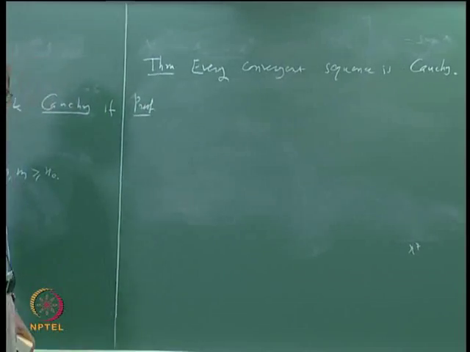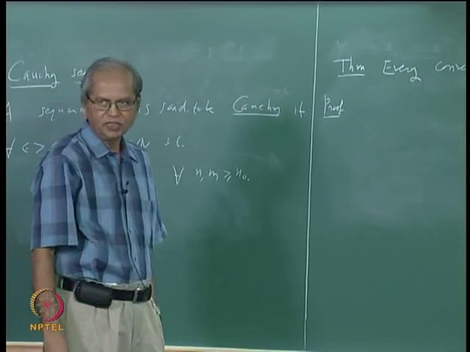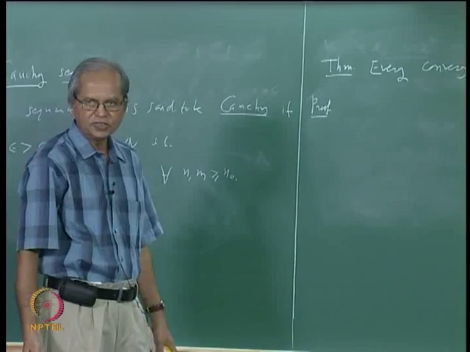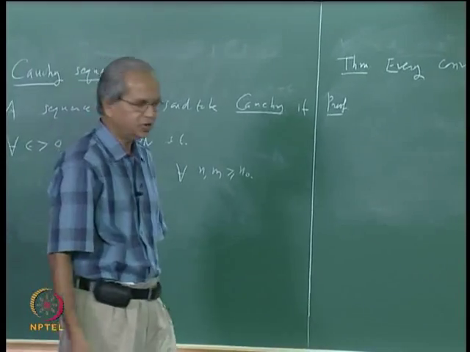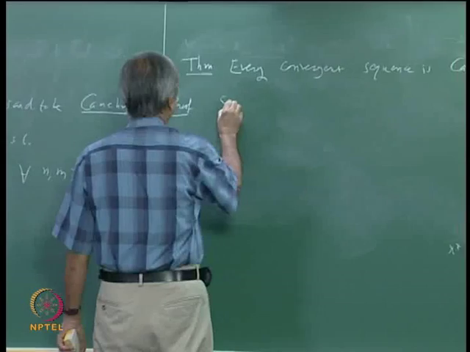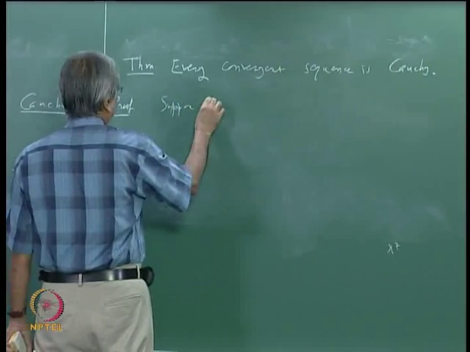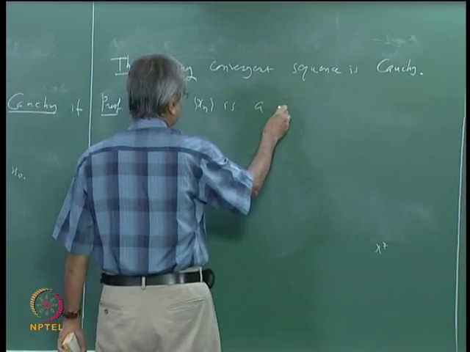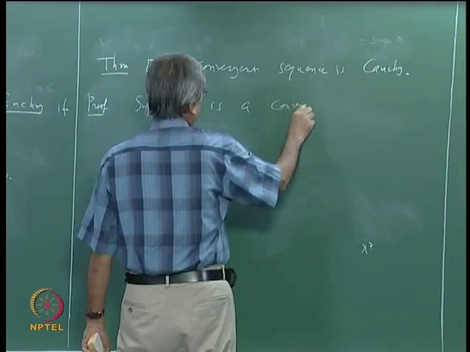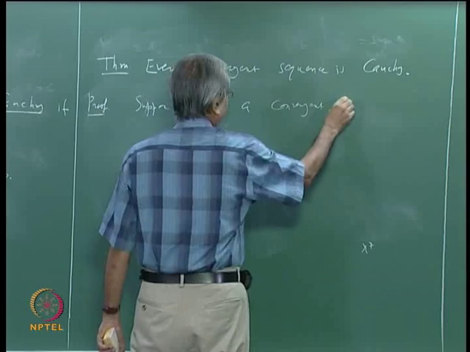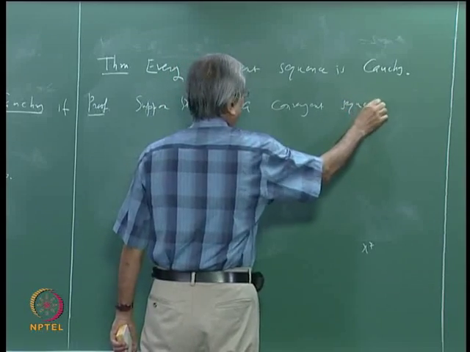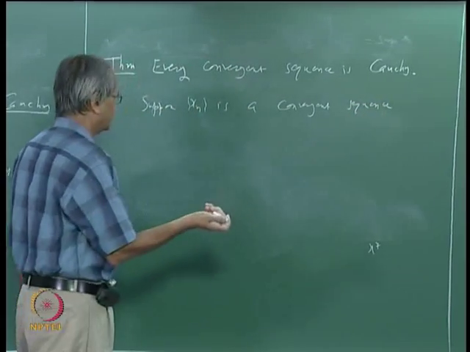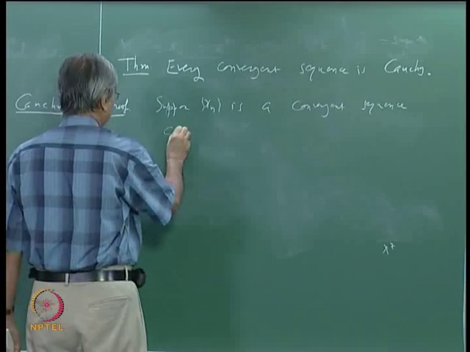Okay. So suppose we take a convergent sequence xn and we should show that it is Cauchy. Suppose xn is a convergent sequence converging to x.